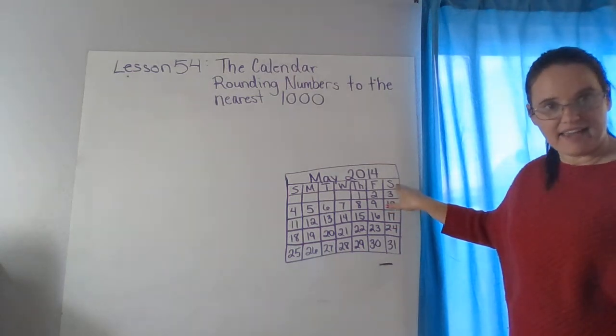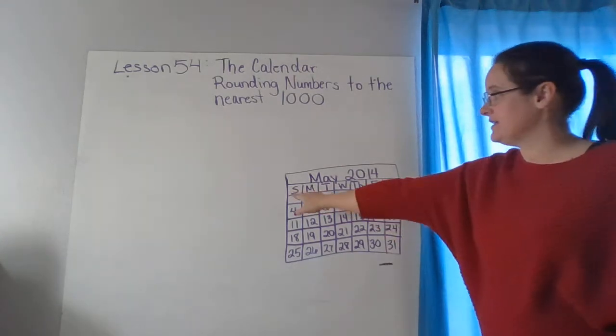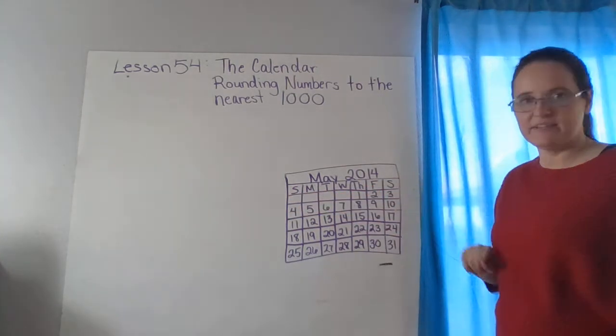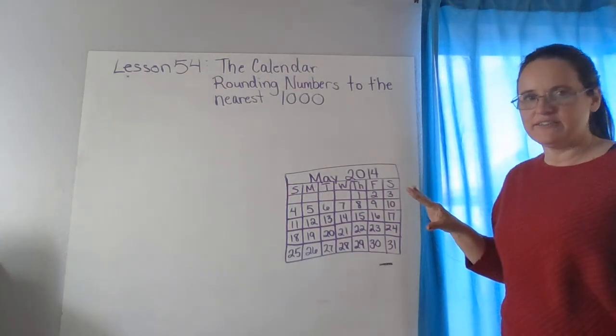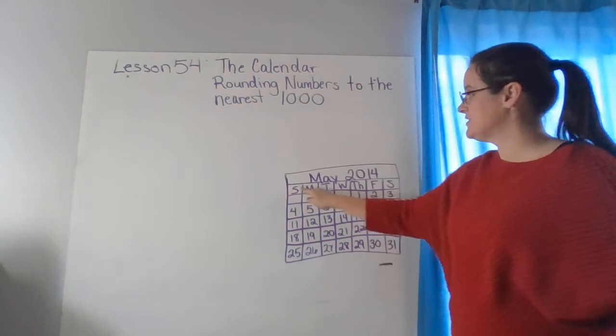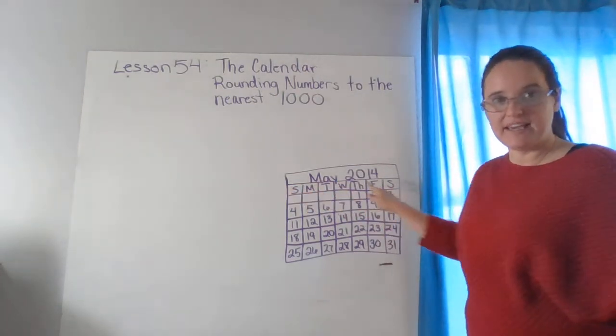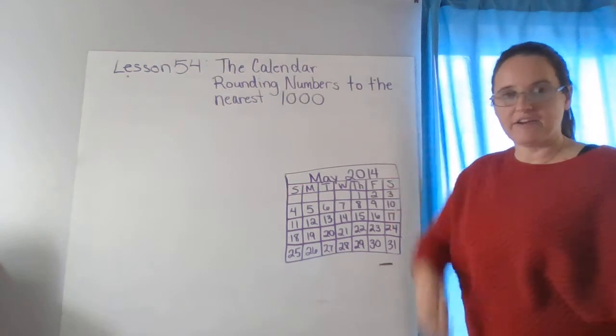It's a Saturday. Calendars are typically written starting with Sunday, ending with Saturday. Occasionally you'll see a calendar that starts with Monday, but the way you know is you look up at the top and they'll have the 7 days of the week labeled up at the very top of the month.